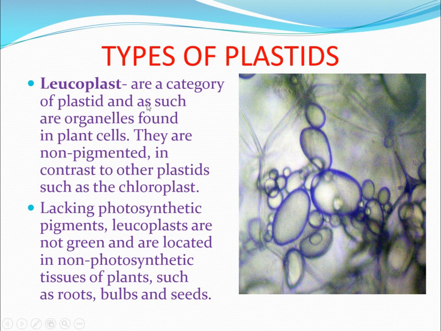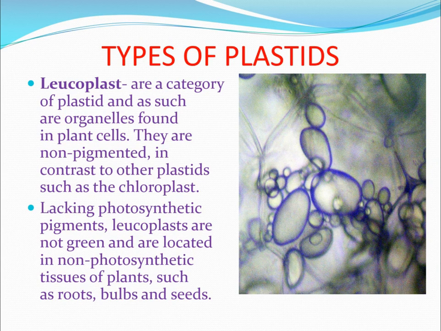These are found only in plant cells, as we have discussed previously that plastids are only present in plant cells, and among these plastids there are three types. One of them is the leucoplast. It doesn't contain any kind of pigment, so without any pigment they don't have any color.